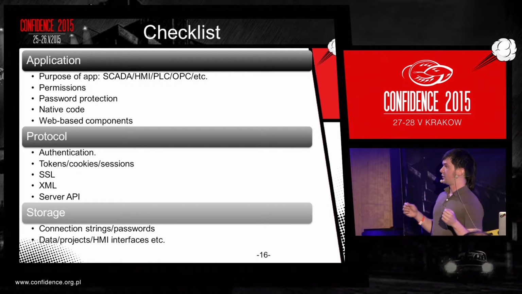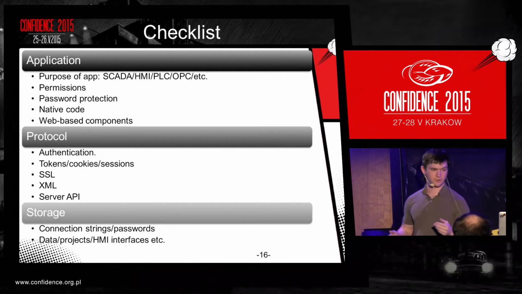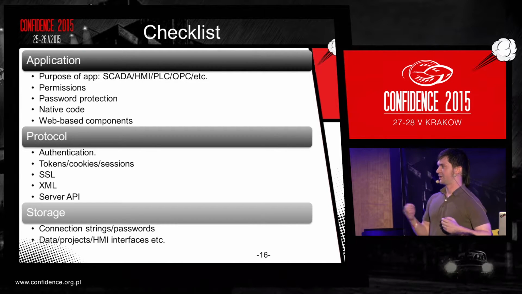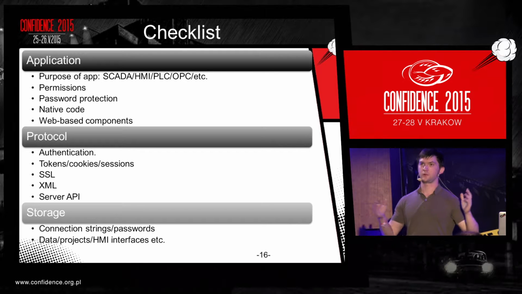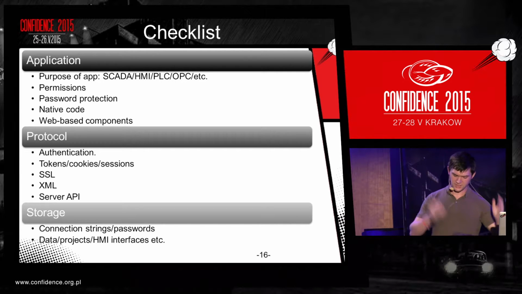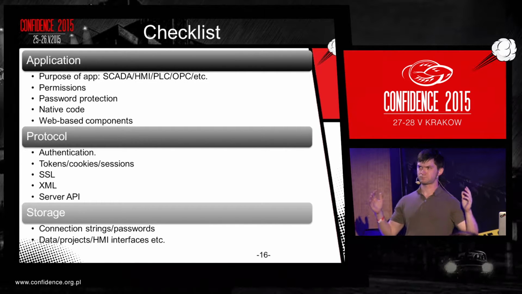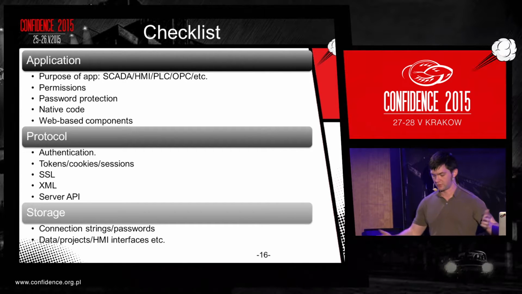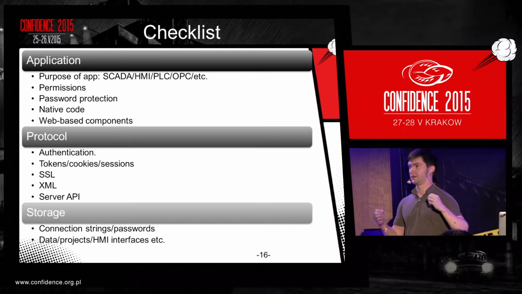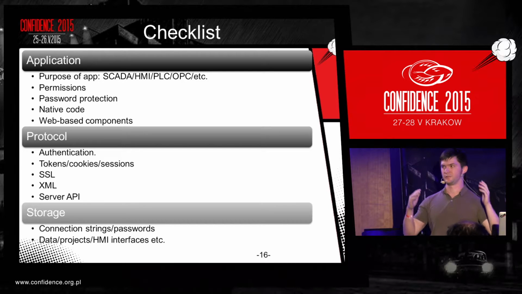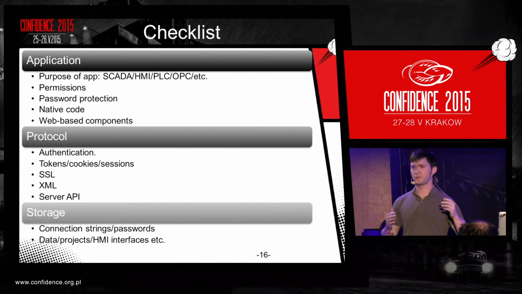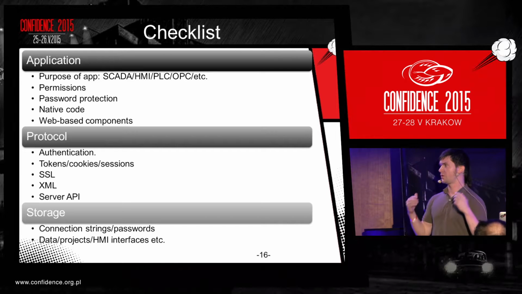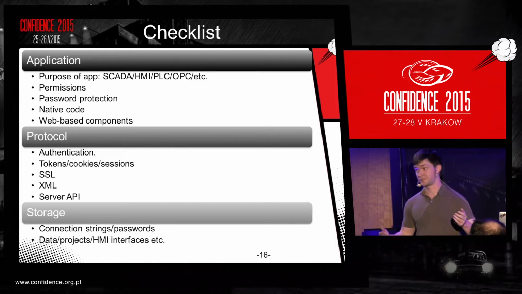And what about the storage? What data does the application store? For example, HMI files, connection strings, configuration, logs, and so on. Where is it stored: in shared preferences or on the SD card? Is this information encrypted? What algorithm is used if it is encrypted?